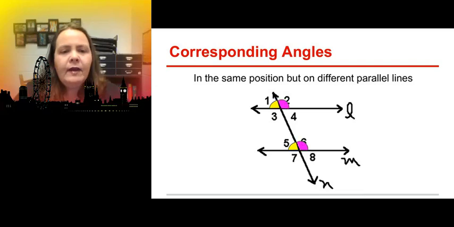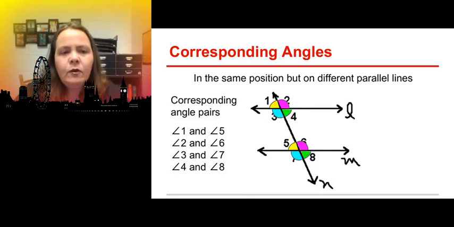And then we have angles 2 and 6. We also have angles 3 and 7 and angles 4 and 8. Those are all corresponding angles, and they're listed as pairs. So if we want to list our corresponding angle pairs, we would list them just as I called them out: angles 1 and 5, angles 2 and 6, angles 3 and 7, angles 4 and 8.